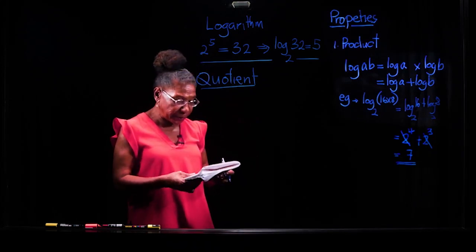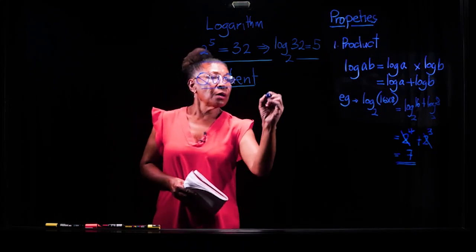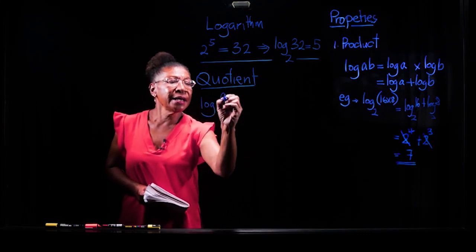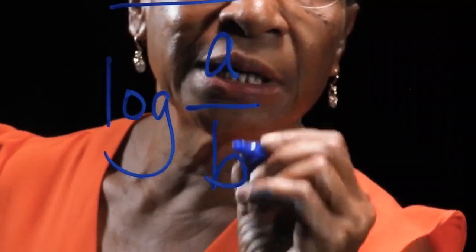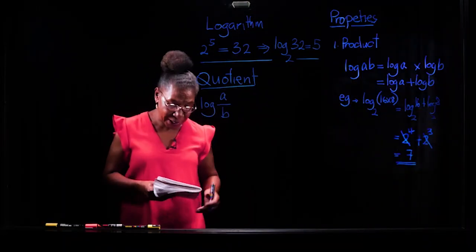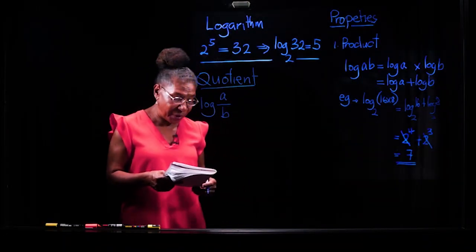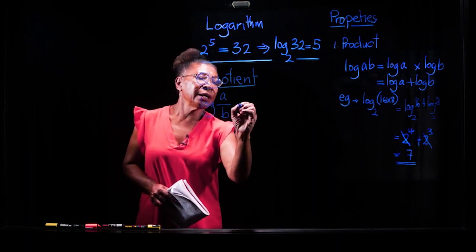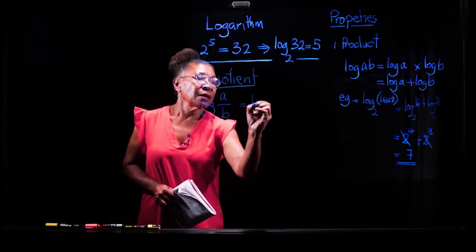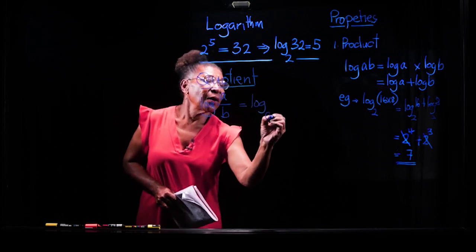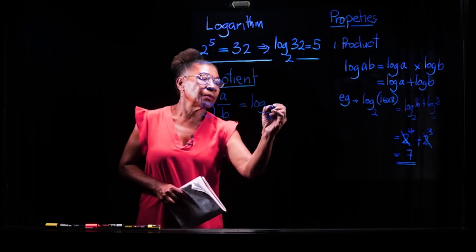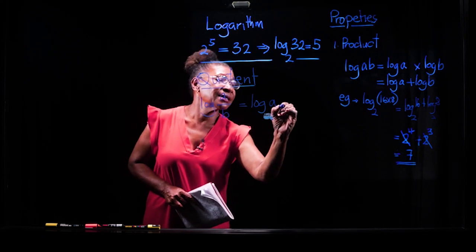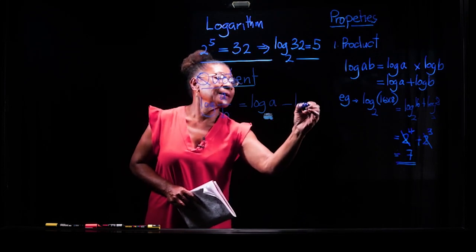And in the second property, the quotient would be log of A over B. If log of A over B is given that way, it simply means that we will have log of A, and we subtract log B.